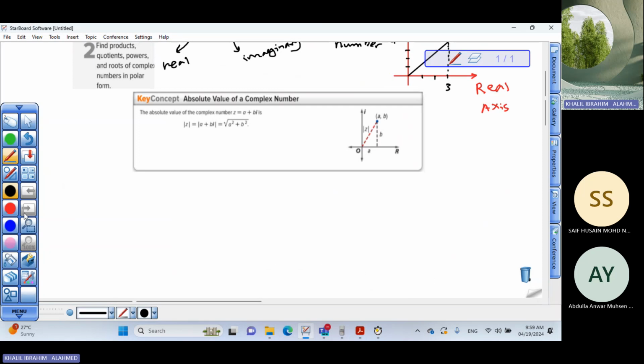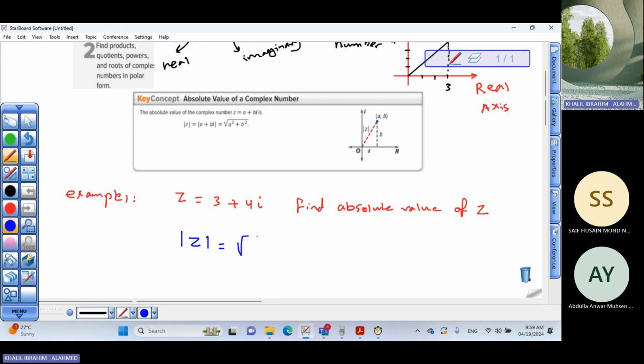Okay, example one. As you see here, we have z equals 3 plus 4i. The question here: find the absolute value of z. How to find this? We can write z in absolute value.